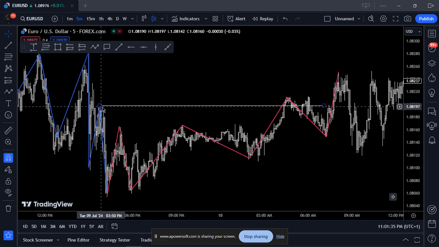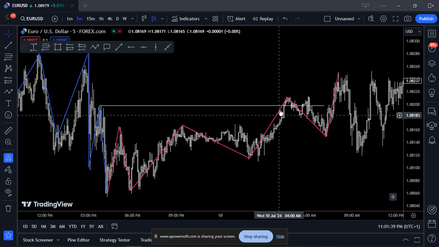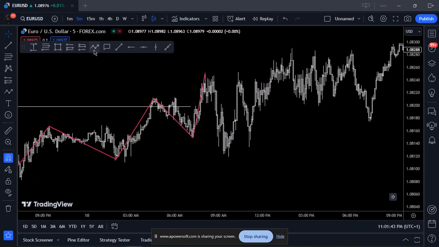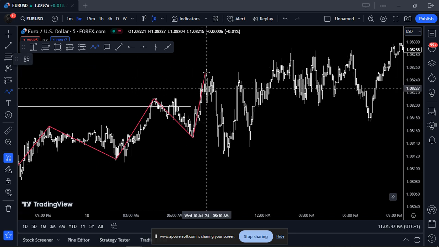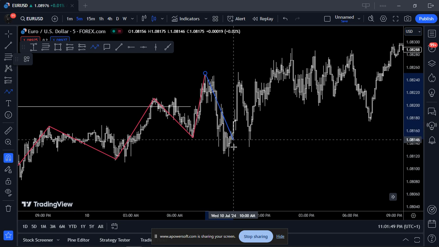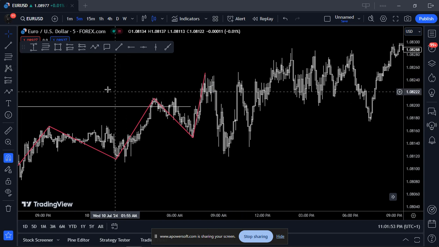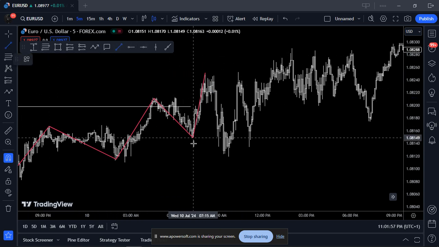After it has taken this opposing liquidity, it created fueling liquidities along the line. Now what did price do? Price came, took the fueling liquidity. Okay, let me draw this last fueling liquidity here.